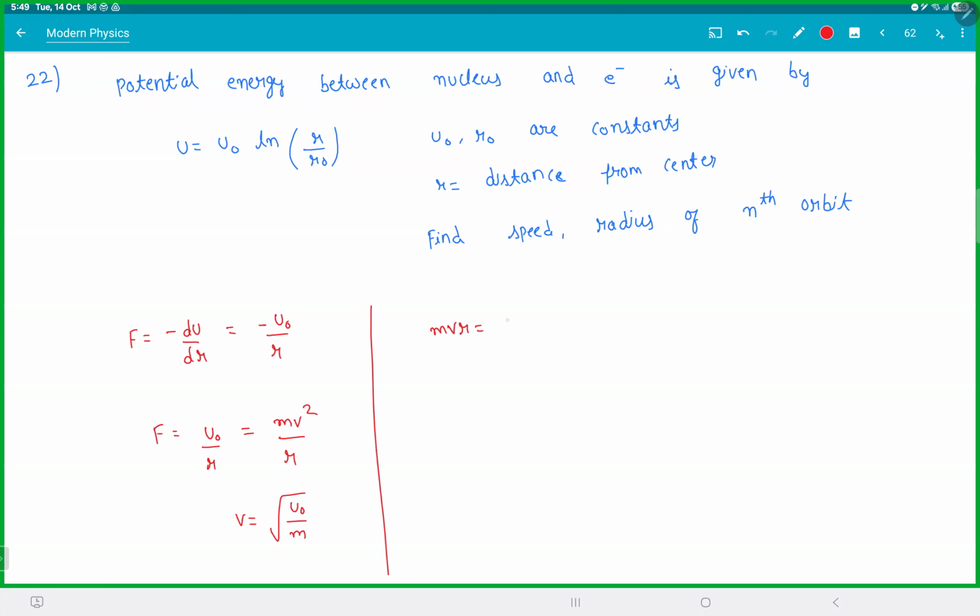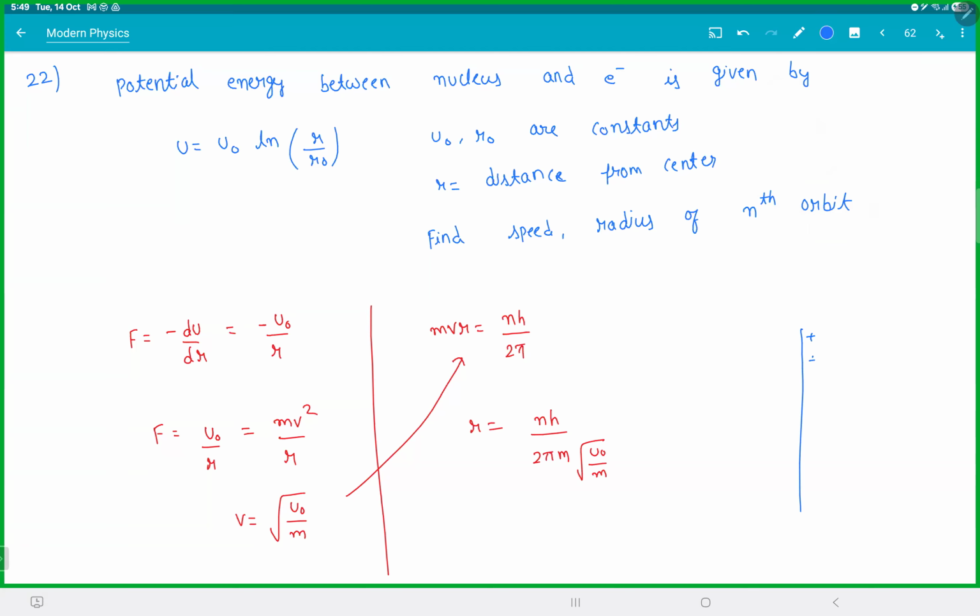And then we have mvr is equal to nh by 2 pi. Take this v, substitute here, you'll get radius, which will be nh by 2 pi mv, which is root U naught by m, proportional to n. You know where you get these kind of fields?